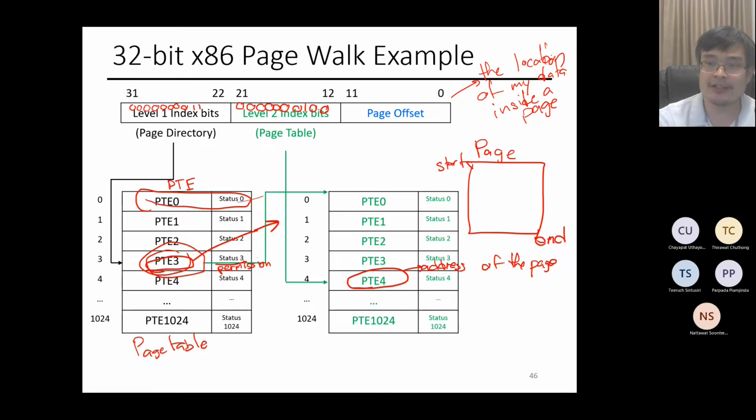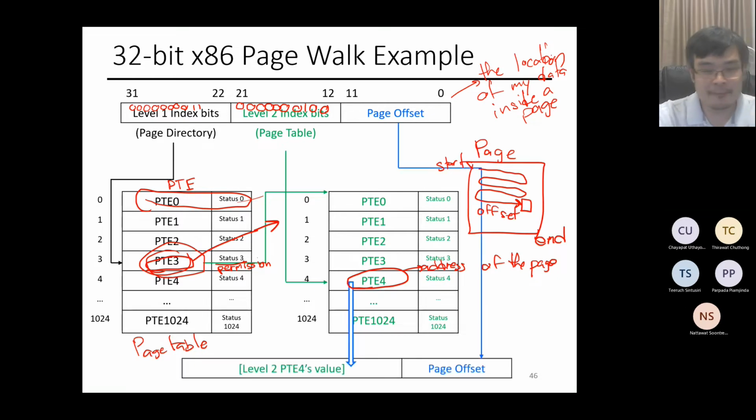Then you use the page offset, which tells you how far you have to go in here to get your data, which is, say, right here. So you take those bits, plug in the page offset, and you're done. That's your physical address.